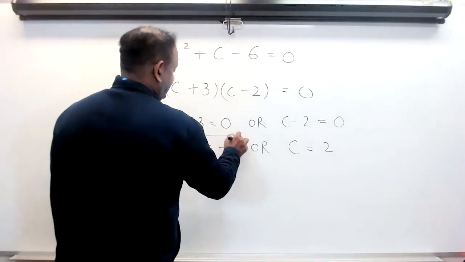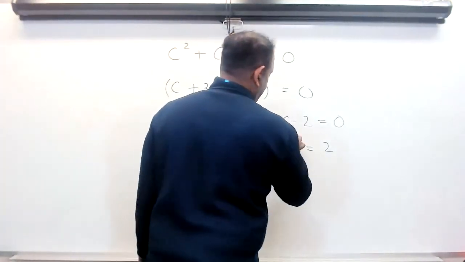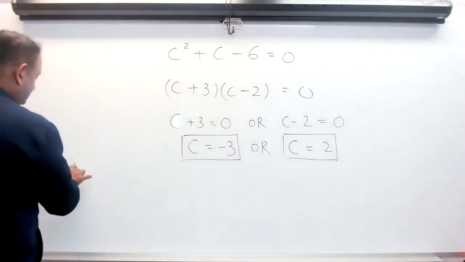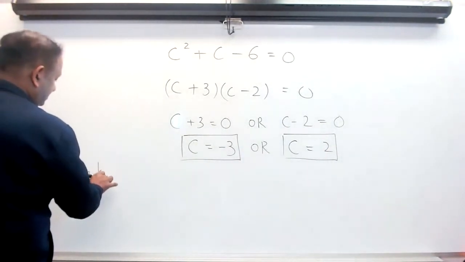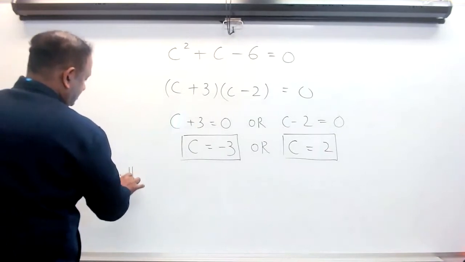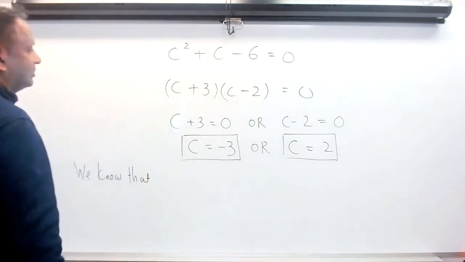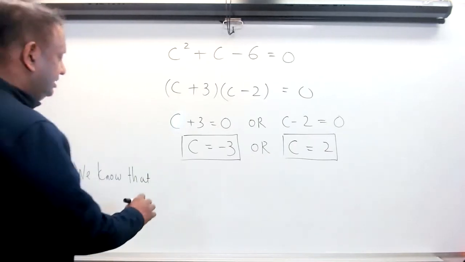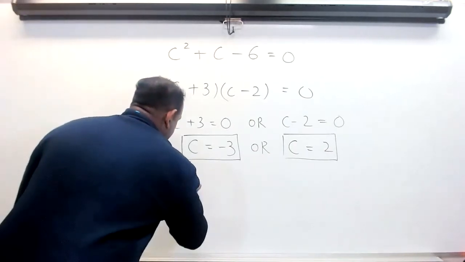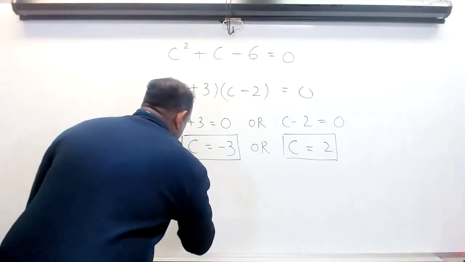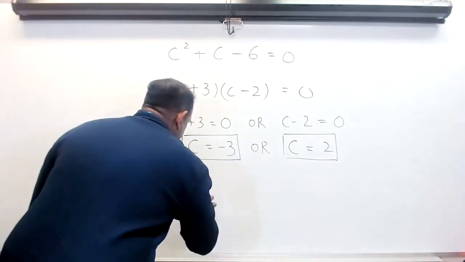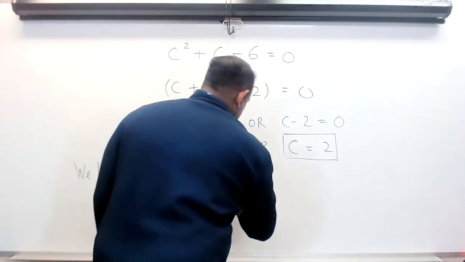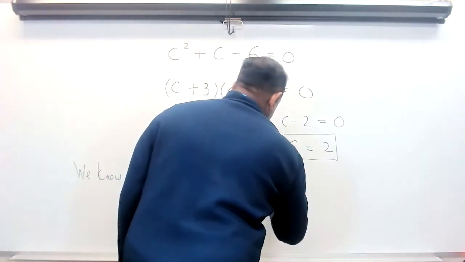Then you can verify whether this is the right c. How are we going to verify? We know that the integral from c to x of g(t) dt equals x squared plus x minus 6.